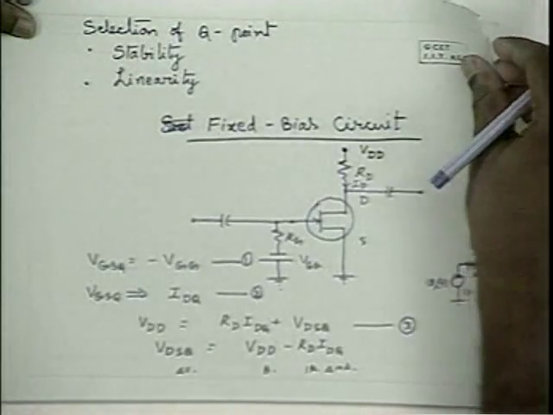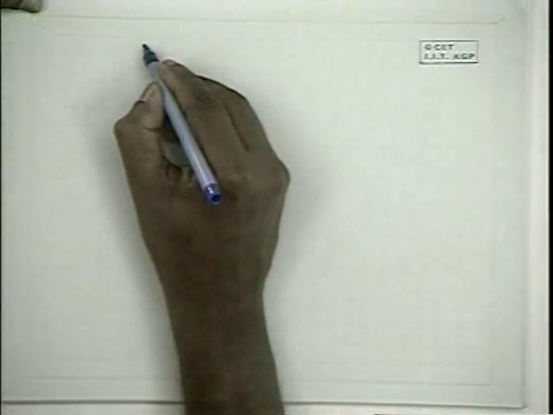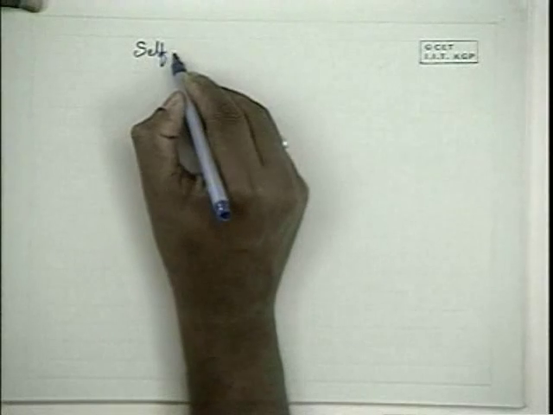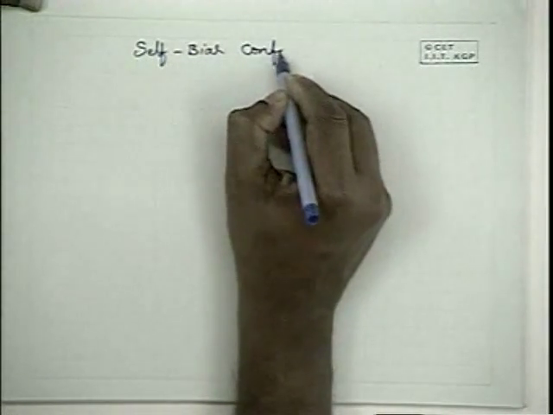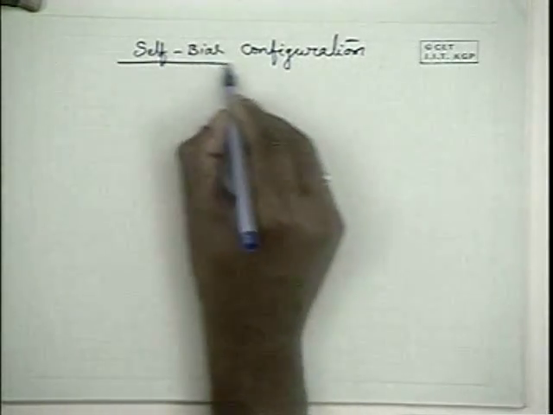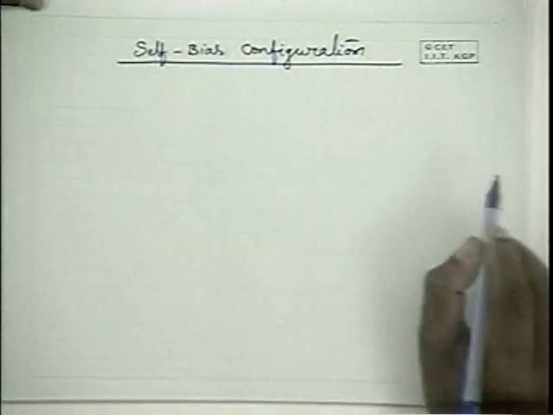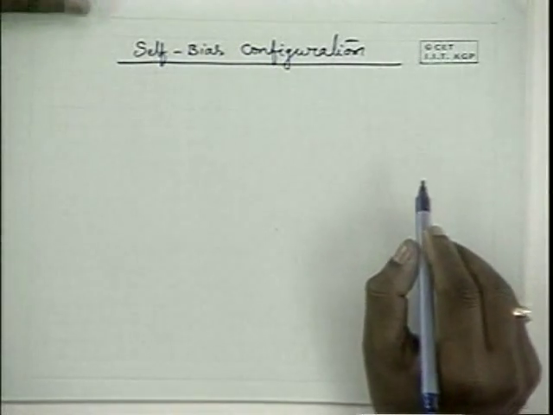For now, let us look for better circuits than the fixed bias circuit, and we have the self-bias configuration. This configuration is a stable configuration.